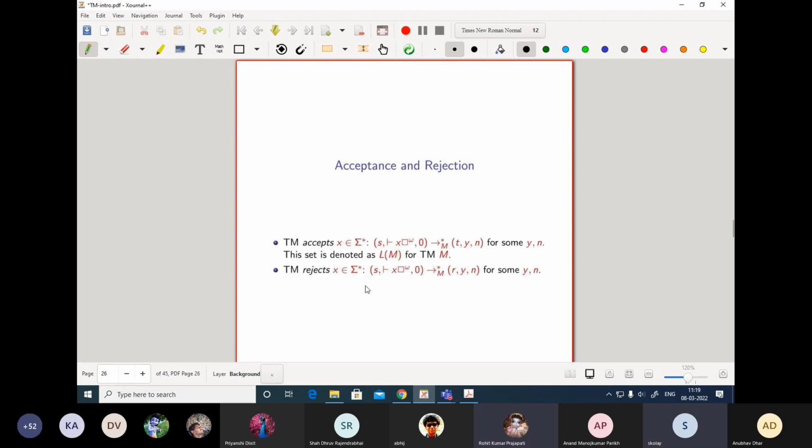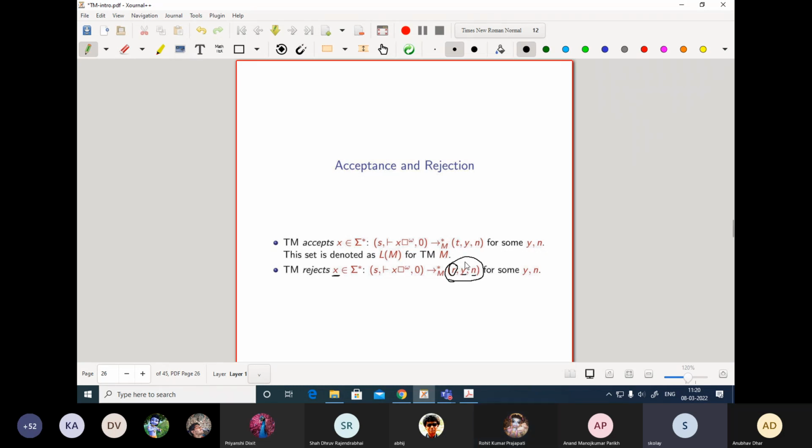Now, what about the strings that the Turing machine rejects? A Turing machine is going to be rejecting X if you can derive a configuration of this form where the state is the reject state. Y could be some string from Gamma star, and n could be some position on the read-write tape.